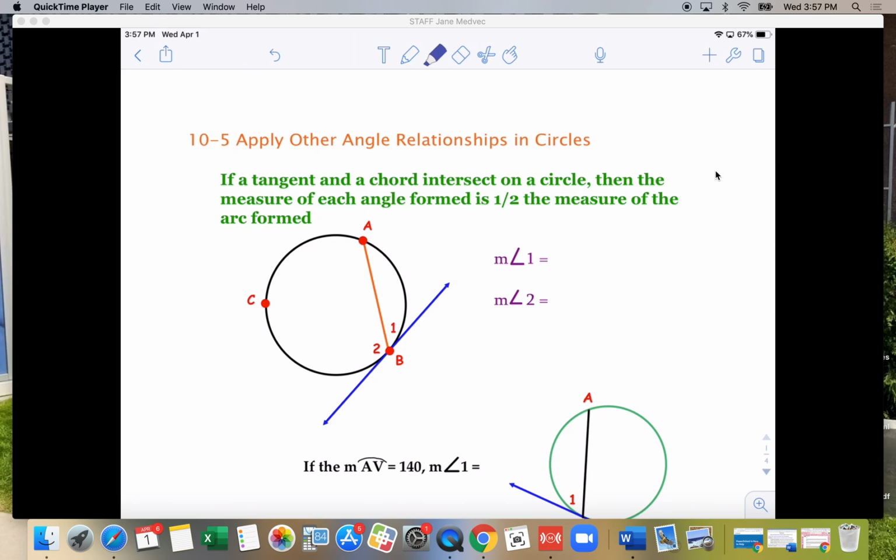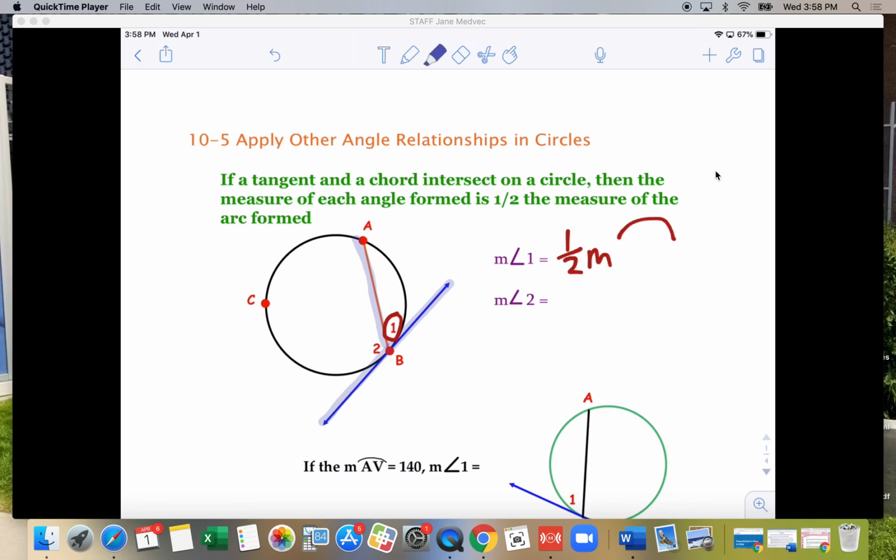It says if a tangent line, this is the tangent line, and this is a chord, they intersect on the circle, which is what they do, then the angle formed is half the measure of the arc. So in other words, if I take a look at angle 1 right here, that is half of the measure of the arc.